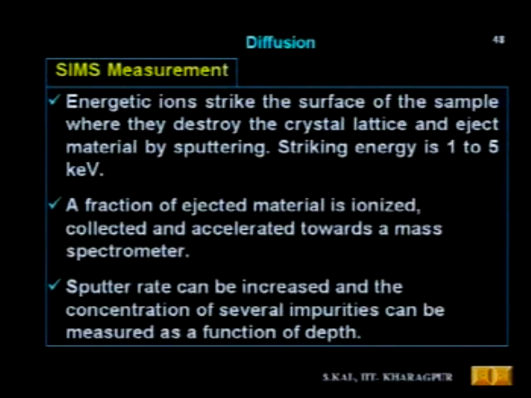Sputter rate increase means every layer you are changing, because by changing the acceleration energy of the ions, if acceleration energy is less, it will eject material from the surface. If acceleration energy is more, these accelerated ions go deeper into the surface, and from there the materials will be ejected. So depending on the energy of acceleration, the secondary ions will come from deeper and deeper layers of the silicon. And if you analyze those ejected materials, that means secondary ions, in the mass spectrometer, then you can have an idea how many ions there are.